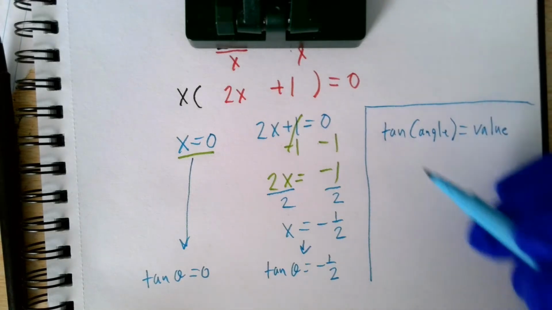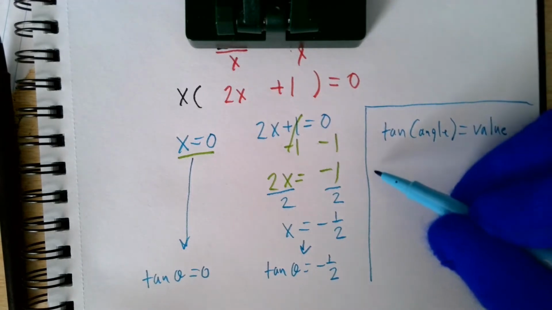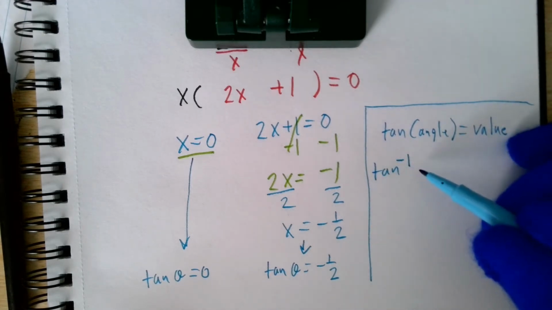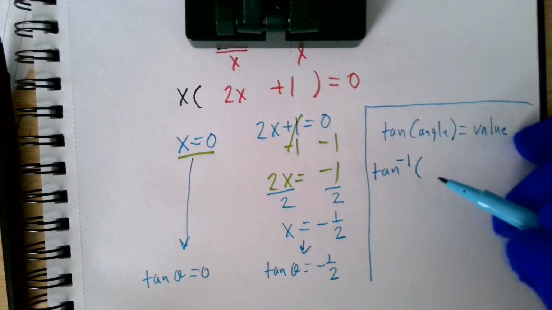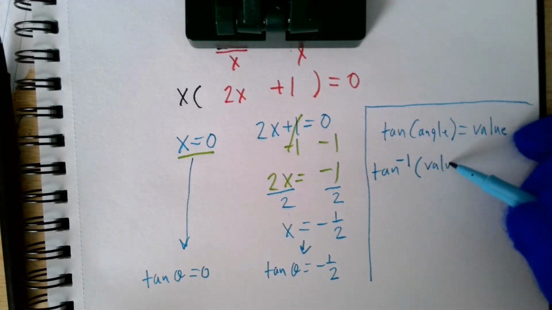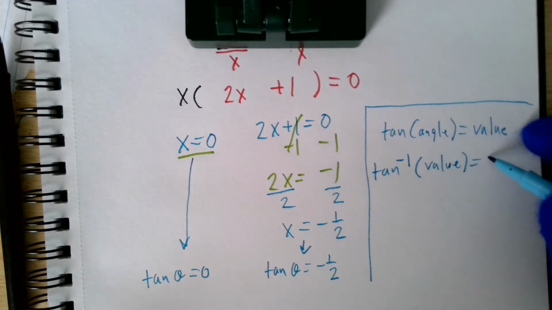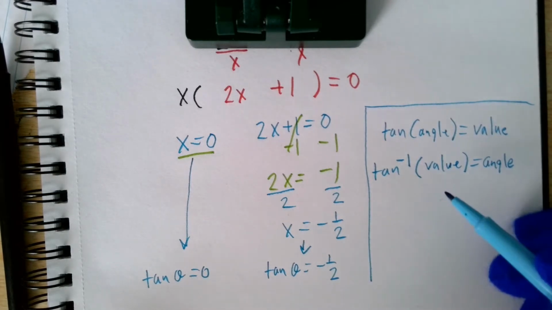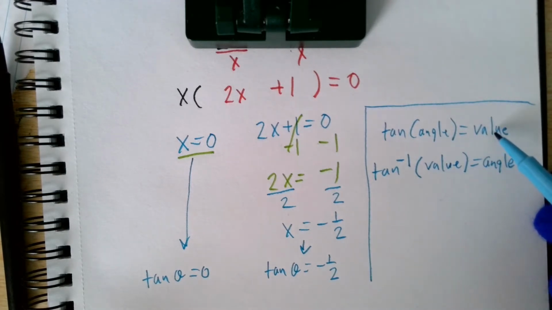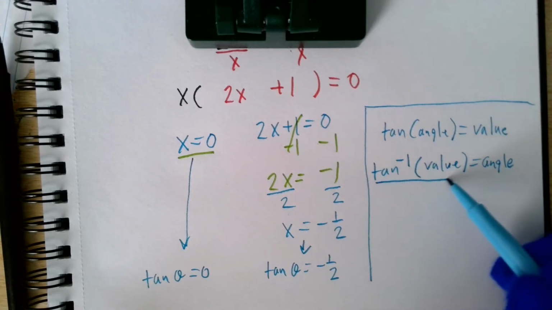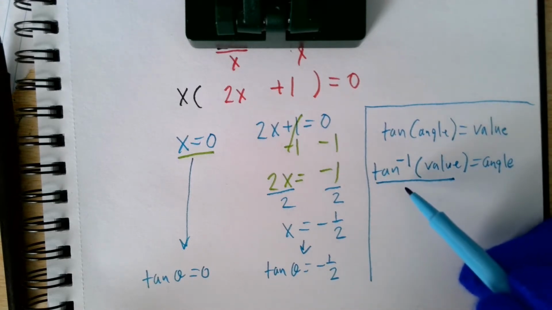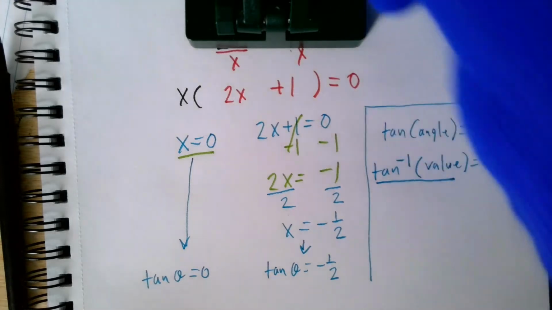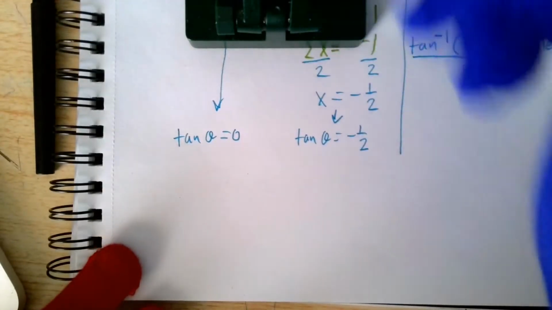But we also had our inverse functions, where tangent to the negative 1, sometimes seen as arctan, of the value gives you back the angle. So whenever you have the value and you're trying to find the corresponding angle, you use this function. And it's the same for the other trig functions: cos to the negative 1, sine to the negative 1, and so on and so forth. So that's what we're going to do right here.